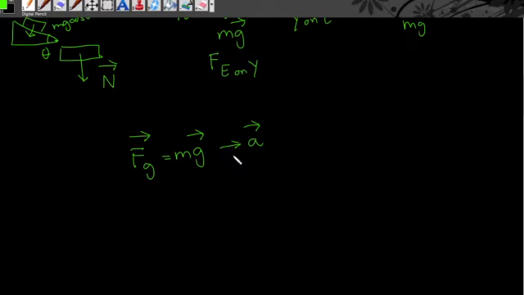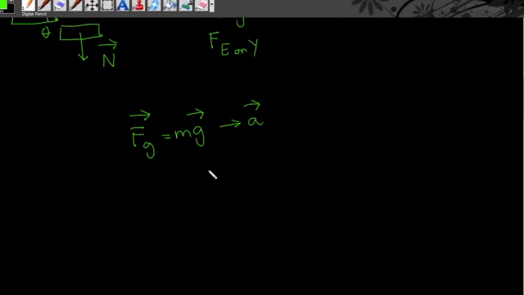Sorry about that. But this formula only works if g is more or less constant. In other words, if you're close to the Earth's surface and you're much smaller than the Earth.